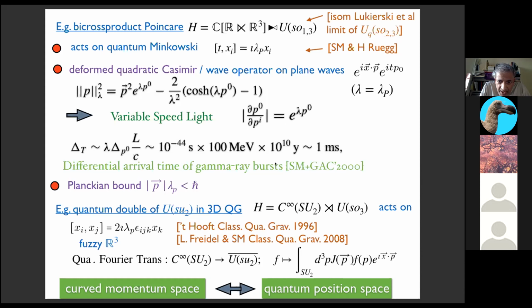This was first speculated by Giovanni Amelino-Camelia, and then we wrote a paper explaining it in more detail. And you do get these measurable effects for a difference of frequencies for low energy and high energy gamma rays from gamma ray bursts that travel cosmological distances. Because they travel cosmological distances, this number is quite large, and that offsets the Planck scale.